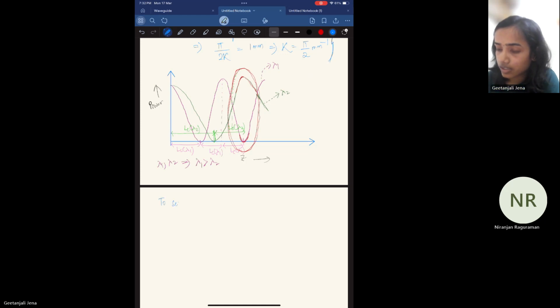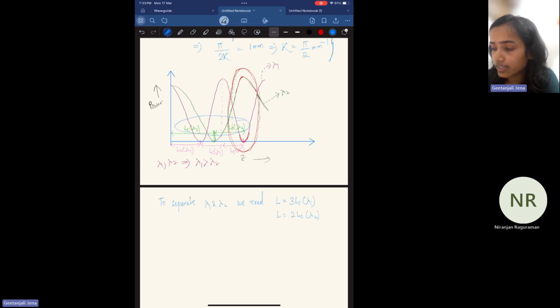So to conclude, to separate lambda 1 and lambda 2, we need the interaction length. In terms of lambda 1, it should be 3 times LC lambda 1, or 2 LC lambda 2. Is this clear? Because in terms of lambda 2, it is 2 LC lambda 2.